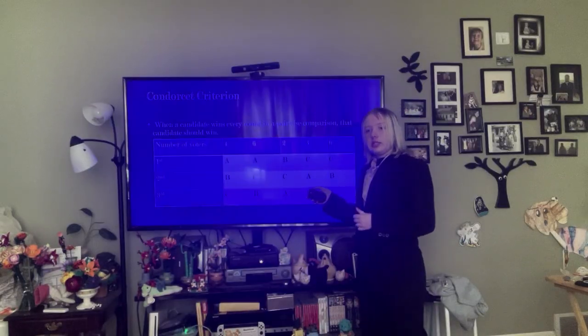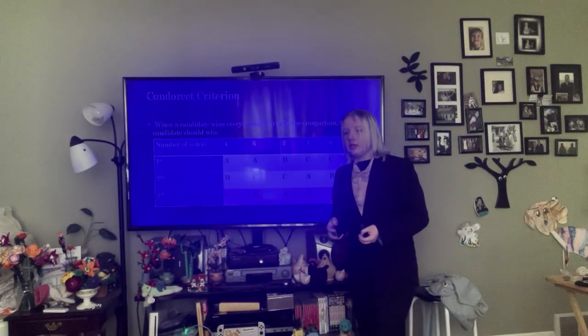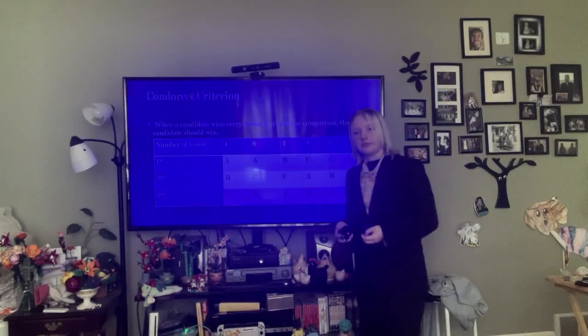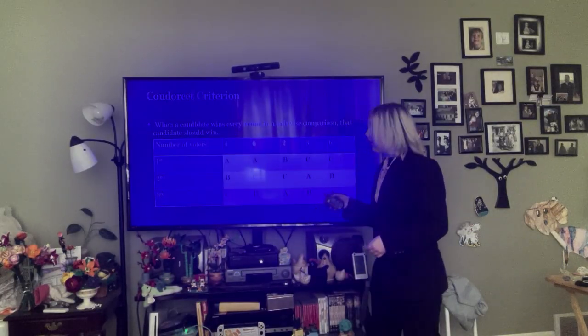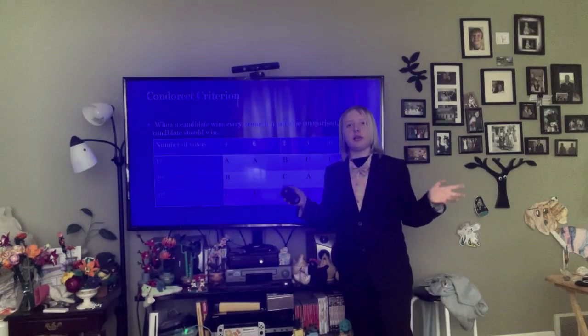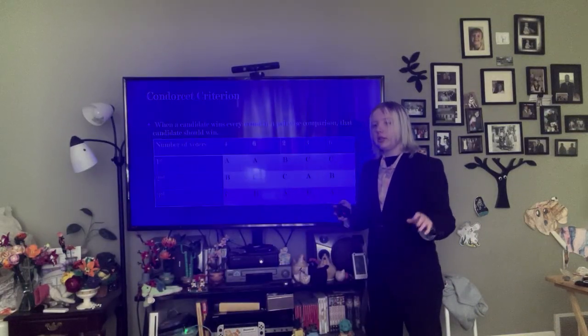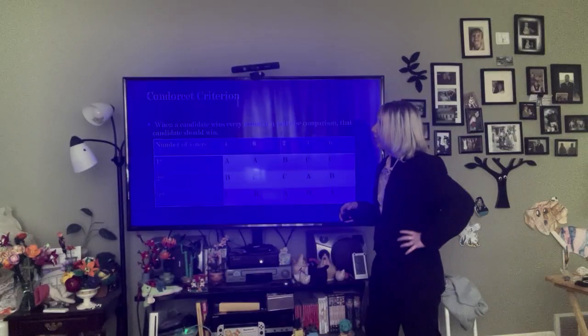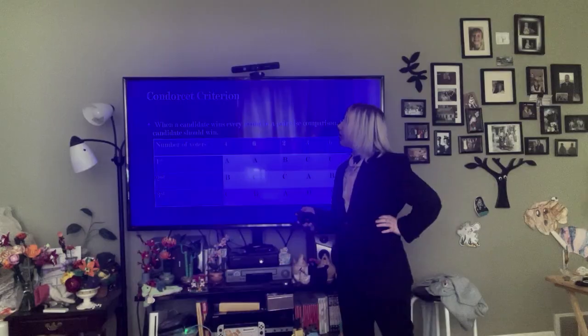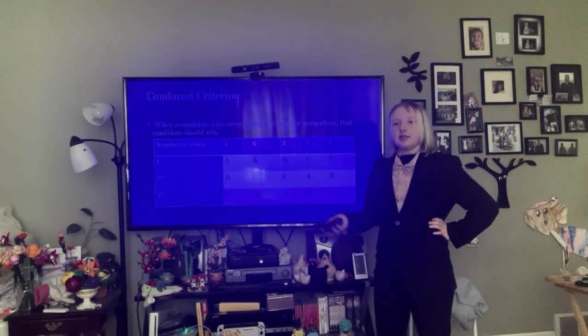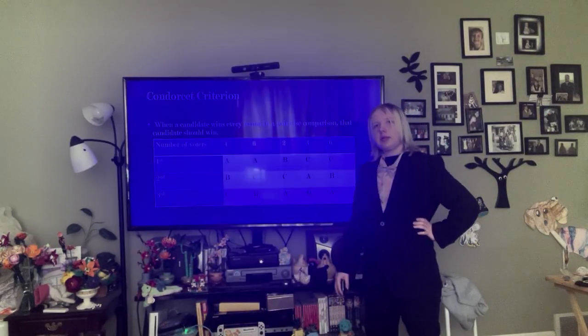So using this example and using plurality, A would win, even though C would win every one-on-one competition. This breaks the Condorcet criterion and makes us seem a little silly.